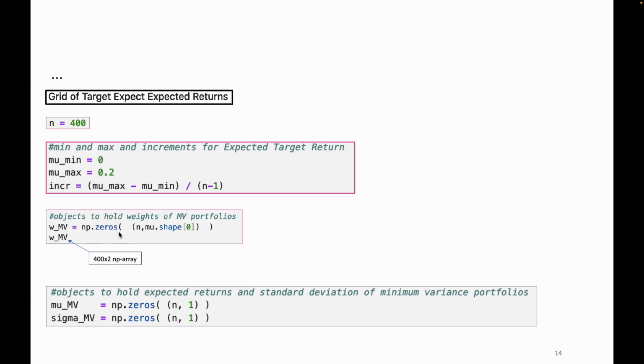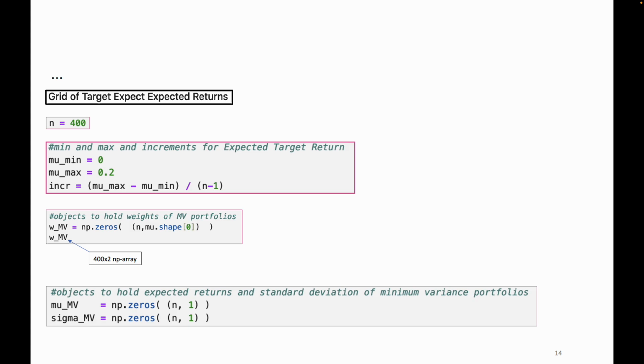I'm therefore saying, first maybe I start from the inside. I want to generate an array which has number of columns mu.shape[0]. So mu is my column vector, 2 times 1. If I take shape, it goes towards the dimensions, and shape of 0 goes to the first dimension, which are the rows.